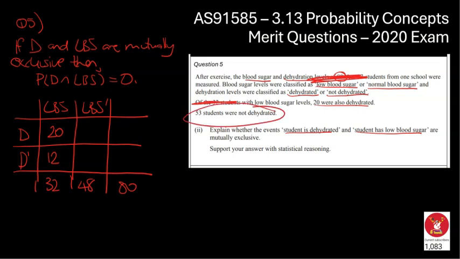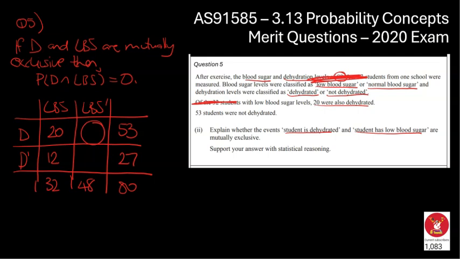And then finally, the only other number we've got, hopefully it's enough to finish the table, is that 53 students in total were dehydrated. So this dehydrated row has got to be 53. And it does look like we should be able to finish it. This number down the middle is going to be the 80 minus the 53, and I'm doing the math in my head, but hopefully you're getting 27 as well.